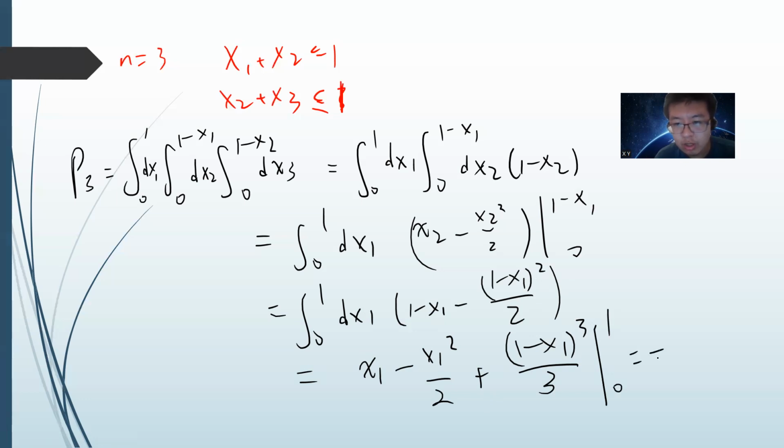So for 1, you get a half; for 0, you get minus this. So it's half minus 1/2 plus 1/6... so it's 1 divided by 3.